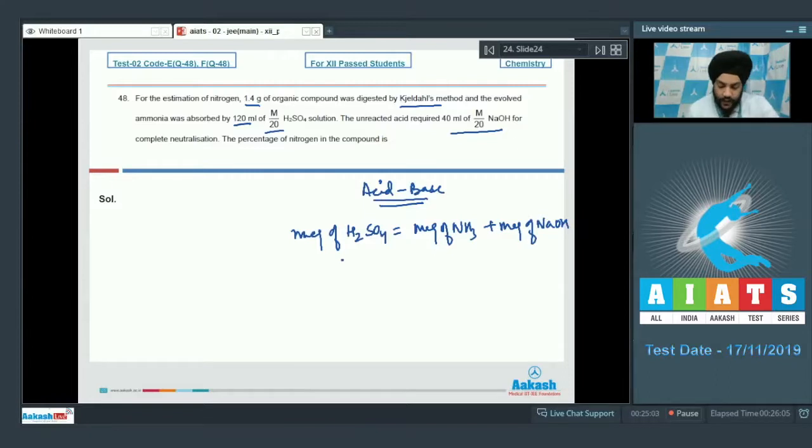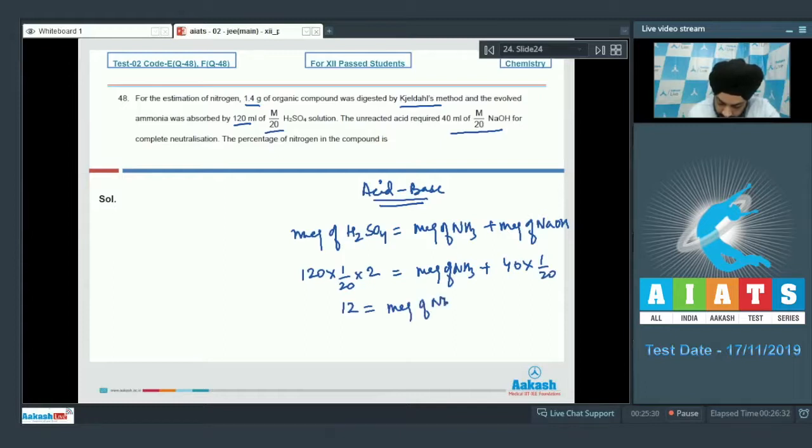Okay, so if we talk about H2SO4, students, we have 120 ml and M by 20 H2SO4. So we have 120 into 1 by 20 into 2. Okay, so MEQ of ammonia we have to find out. And the MEQ of NaOH is 40 into 1 by 20. So this gives us a value equal to 12.